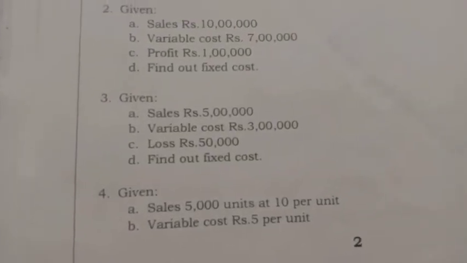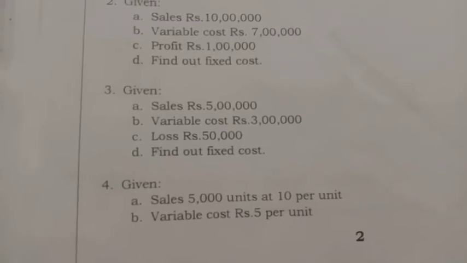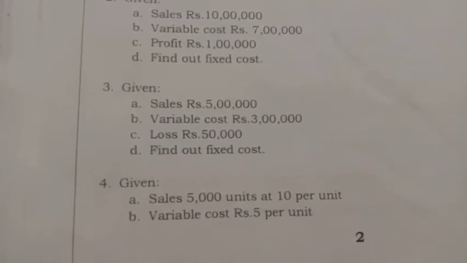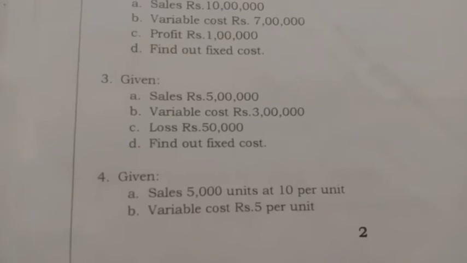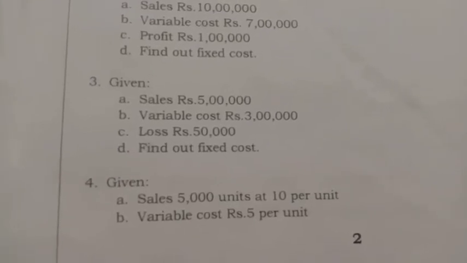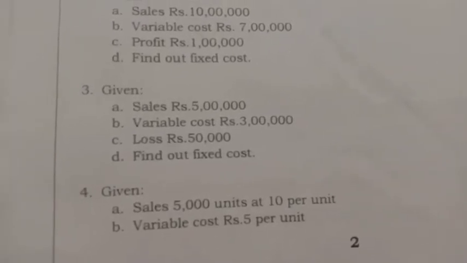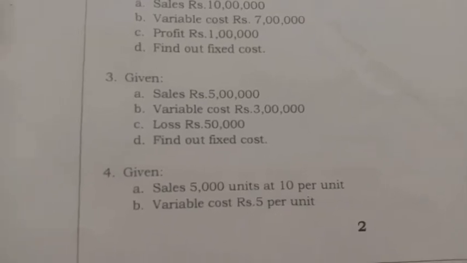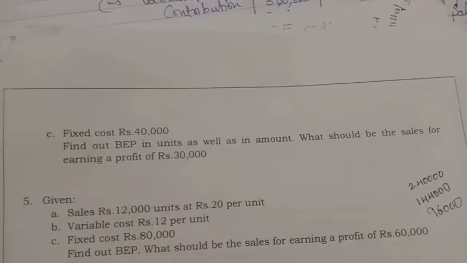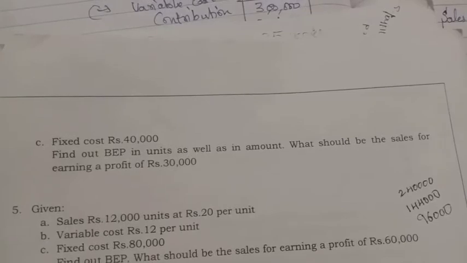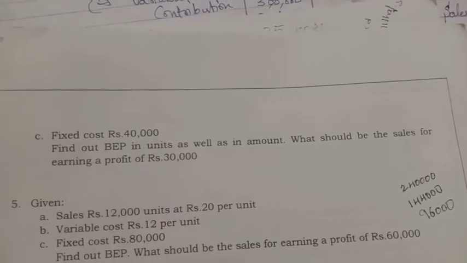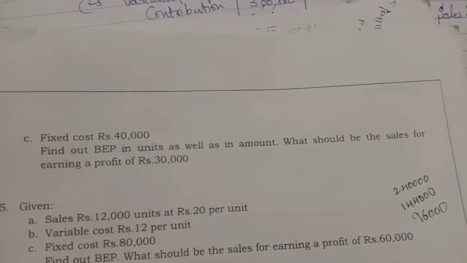Given fourth problem, sales 5,000 units at rupees 10 per unit, variable cost 5 per unit. So sales 5,000 into 10, you will get the sales amount. 5,000 into 5, you will get the variable cost amount. Fixed cost 40,000. Find out break even point in units as well as in amount.